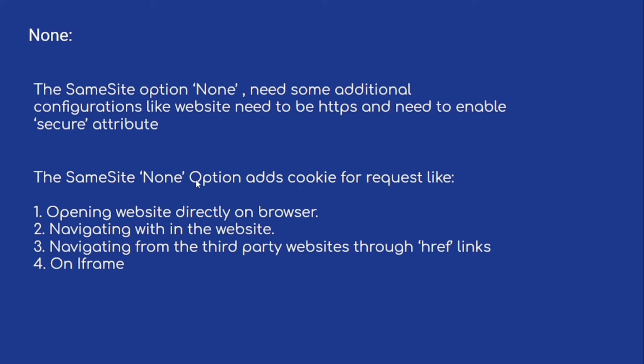So the SameSite none option adds the cookie for all the cases, including iframe as well. That we are going to check in the next step. So it will work for all the cases, but our website should be HTTPS and it should be marked with the Secure attribute. Okay, so those are the requirements for the SameSite option when we configure it as none.